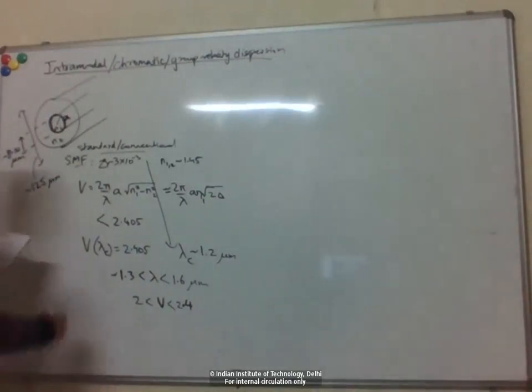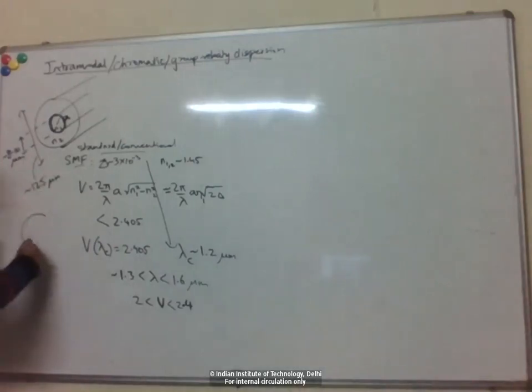Right, so if you look at the fundamental mode, and this is the core, the fundamental mode profile looks like a Gaussian in the radial direction.